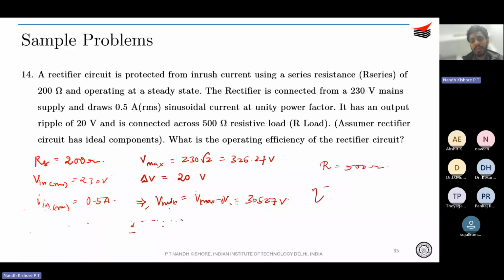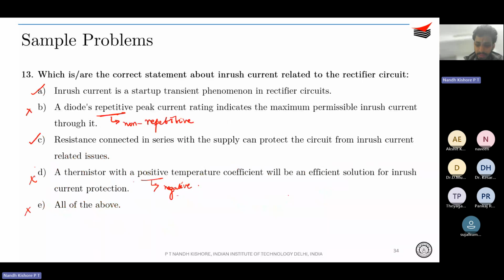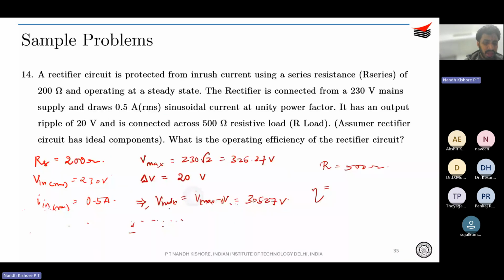So what is the efficiency? Efficiency is typically given by P naught by P in. In the output you have a resistive load, therefore I can write I square R, or I can also write it as V naught square over R, divided by P in.